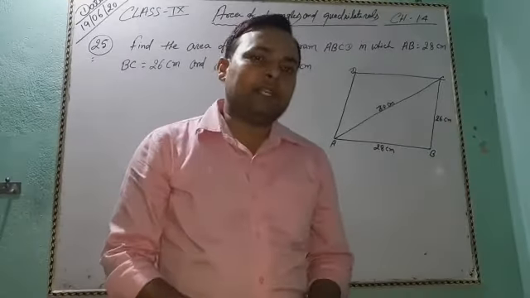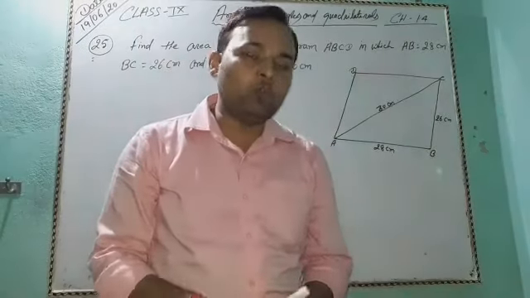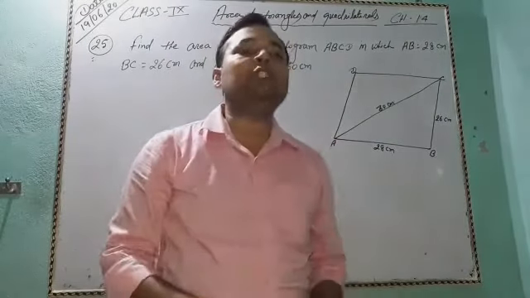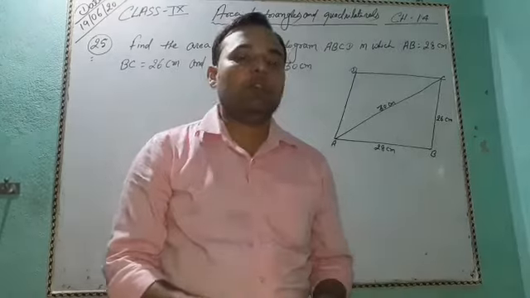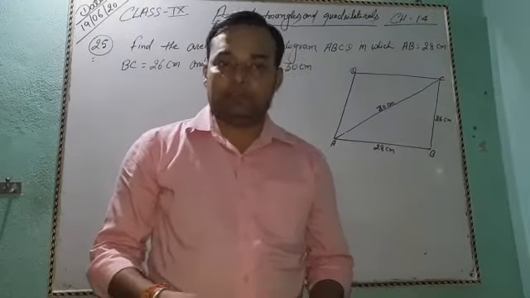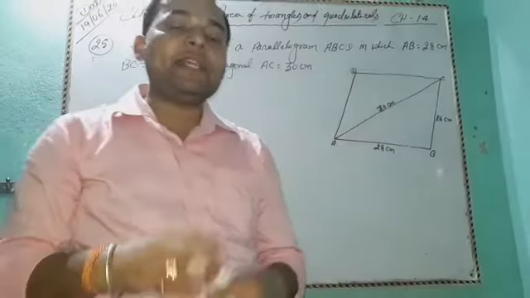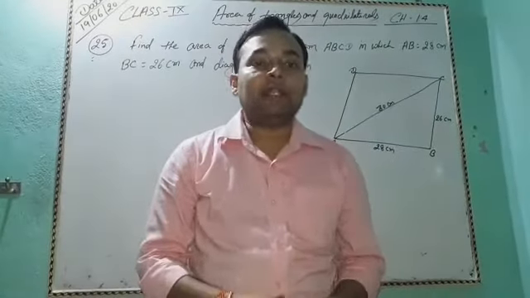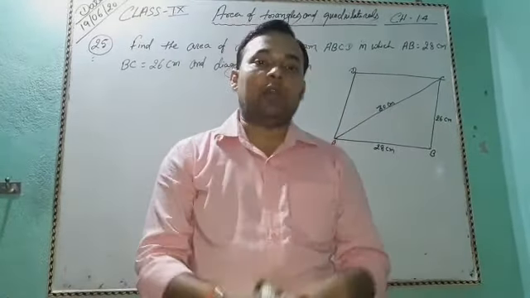A parallelogram is a quadrilateral in which two pairs of opposite sides are parallel. Students, when two pairs of opposite sides are parallel in a quadrilateral, that quadrilateral is called a parallelogram.